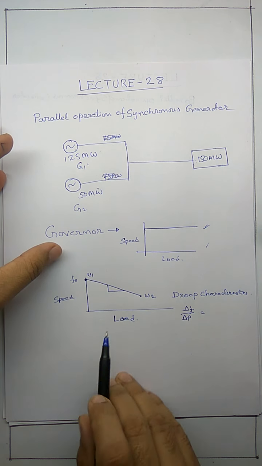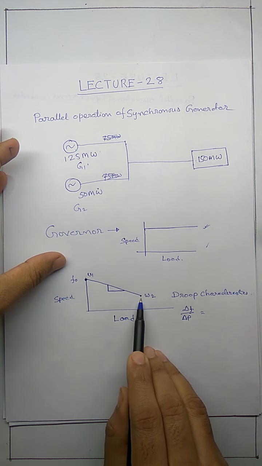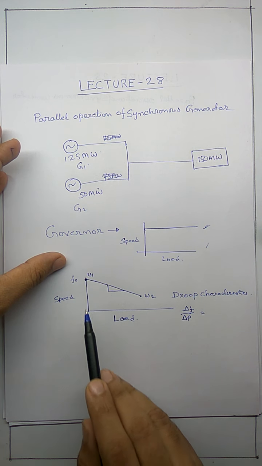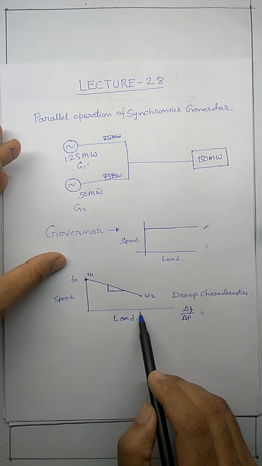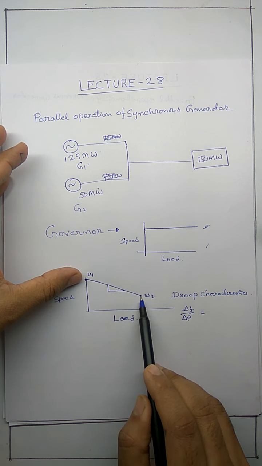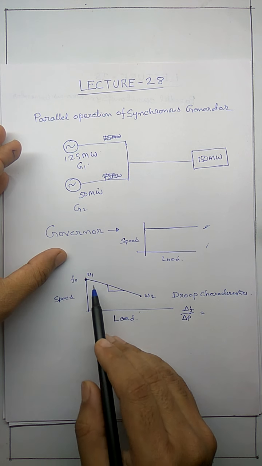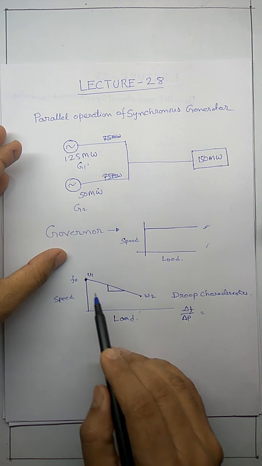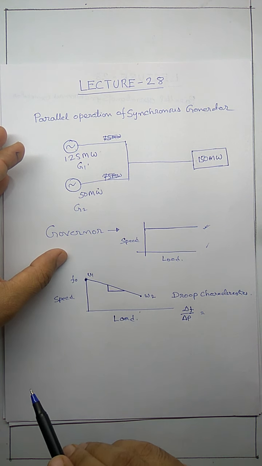It means that the drop from this point to this point is 2 hertz, and the variation of the load here is 0, here it is full load. So here it is 0 load, here it is full load, and the speed here is omega 1, the speed here is omega 2. So we will specify it by two things. One is the no load frequency, another is the droop characteristics.